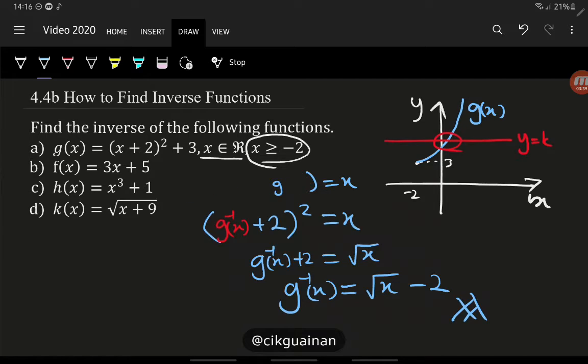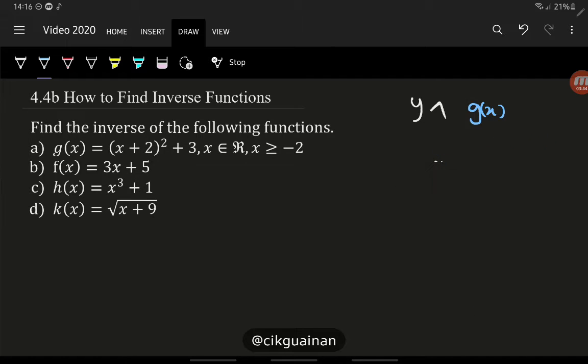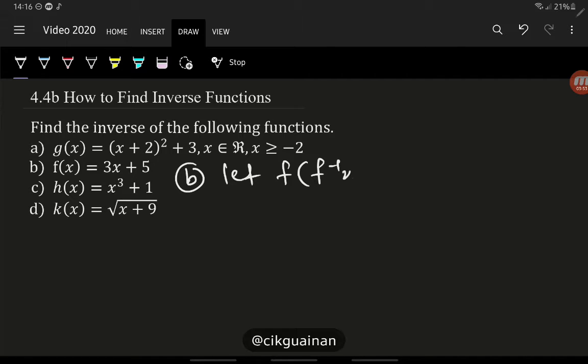Now let's move on to the second one. For b, we have f(x). So we let f inverse of x equal x. First thing first, what is f(x)? f(x) is 3x plus 5.